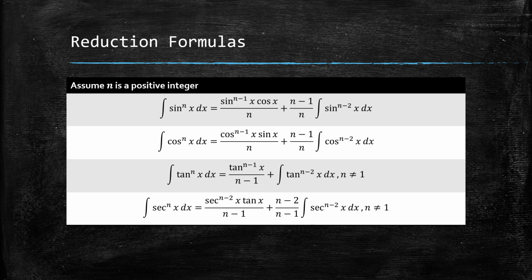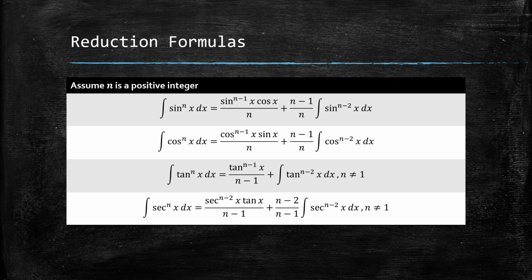The integral of the nth power of cosine of x dx is equal to the n minus 1 power of cosine of x times sine of x, all divided by n, plus n minus 1 over n times the integral of the n minus second power of cosine of x dx.